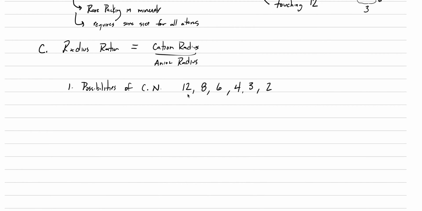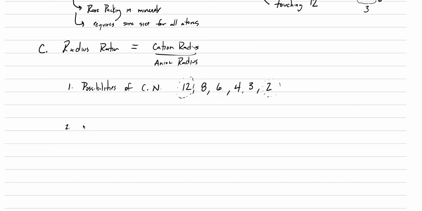Each one of these is a different type of packing. 12 is our closest packing that we just talked about, where there was 1 cation surrounded by 12 anions and they're the same size. Here they're very different sizes when you get to the coordination number of 2. This would be a very, very little cation and very big anions. Let's just do one example of the radius ratio.